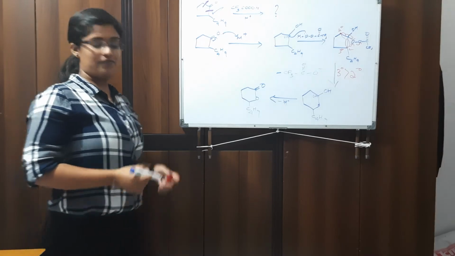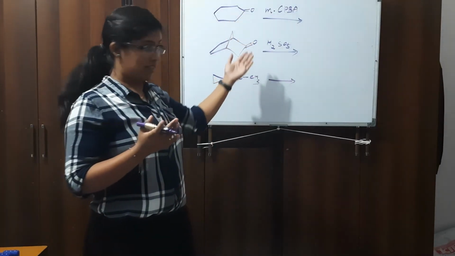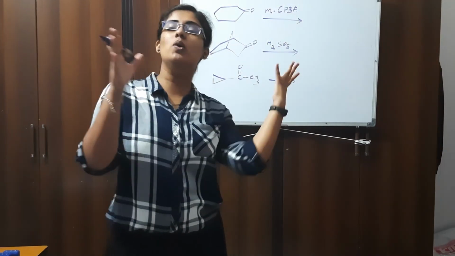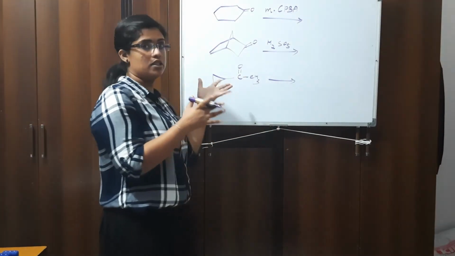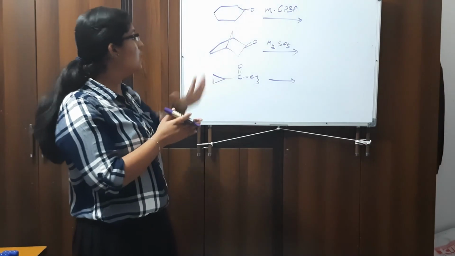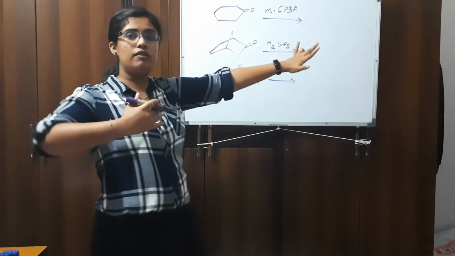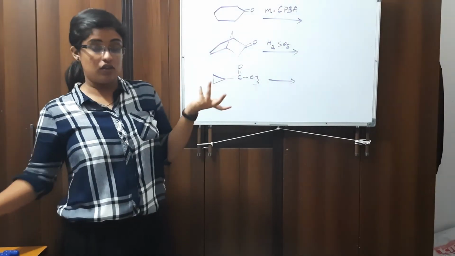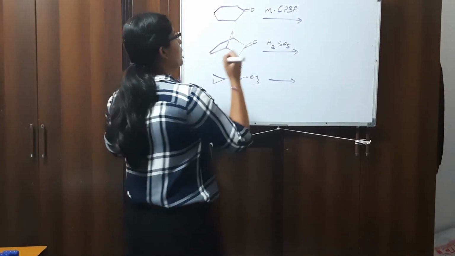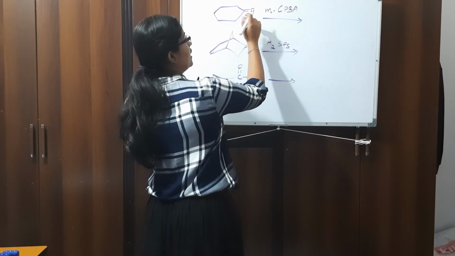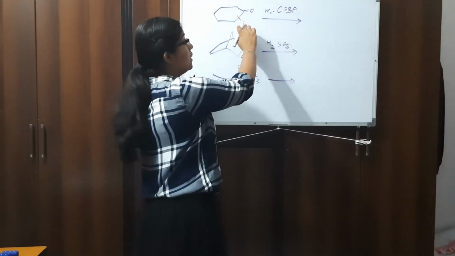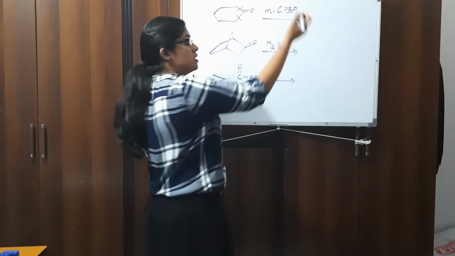Clear? So here are some more questions, like 3 more reactions, where you can actually write the whole mechanism and see how the product is being formed. But instead of writing the whole mechanism, we can just simply insert the oxygen. We know that a carbonyl group is there, so oxygen can be inserted either on this side or here; if you write the whole mechanism, you will understand that.